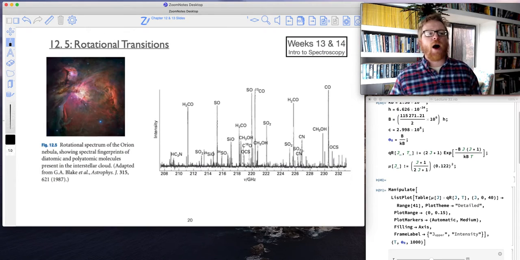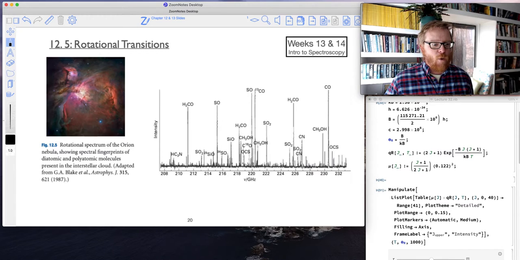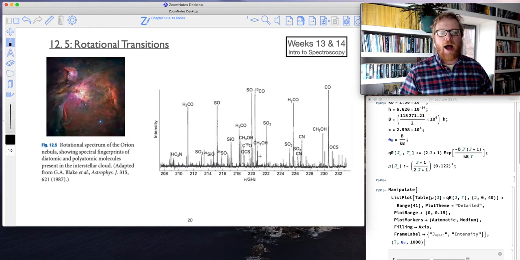So I wanted to show you a really, really cool application of microwave spectroscopy, and that's doing radio or microwave astronomy. Specifically, this would be microwave astronomy because we're probing the rotation of molecules.